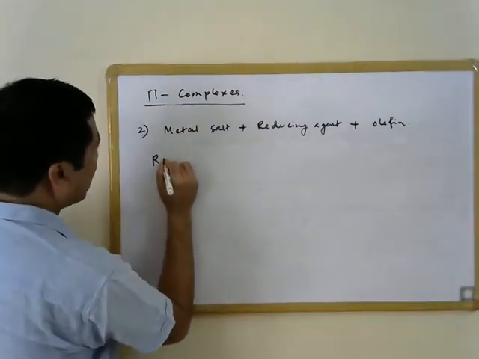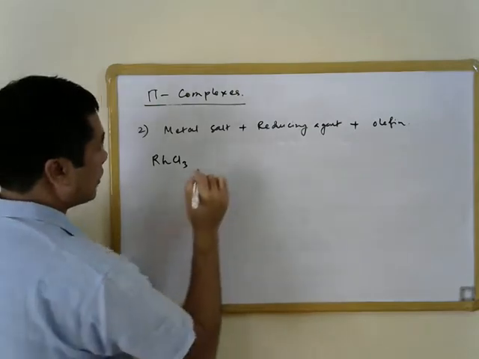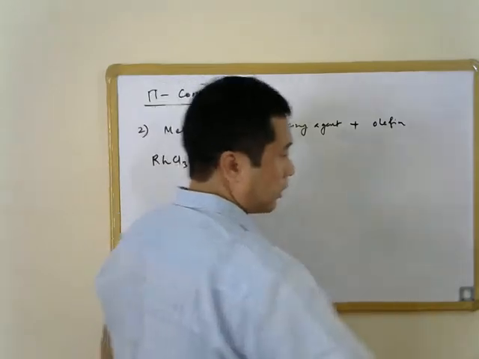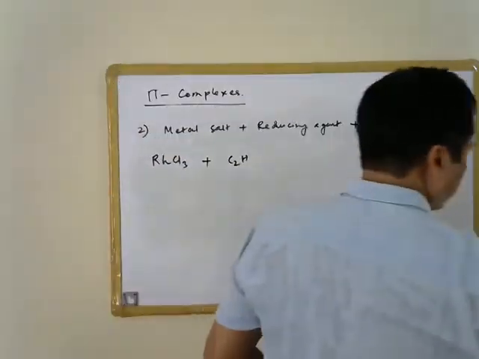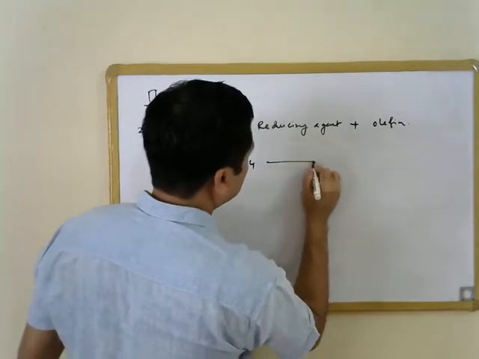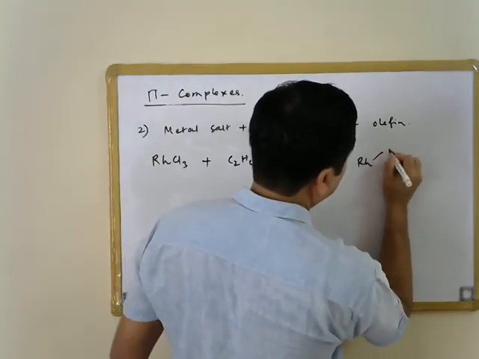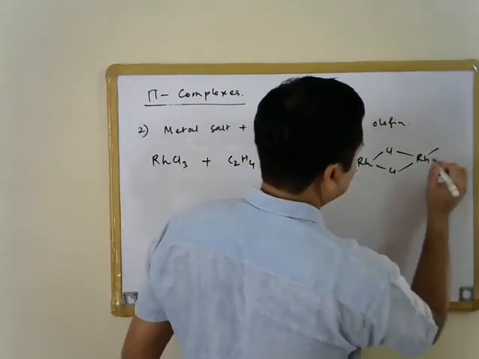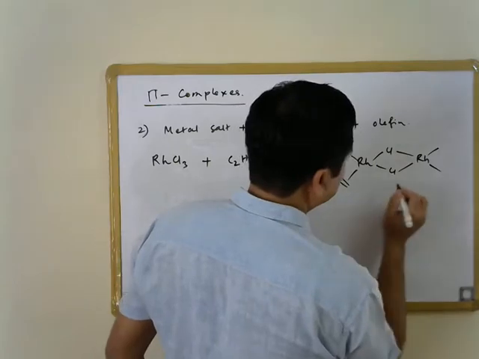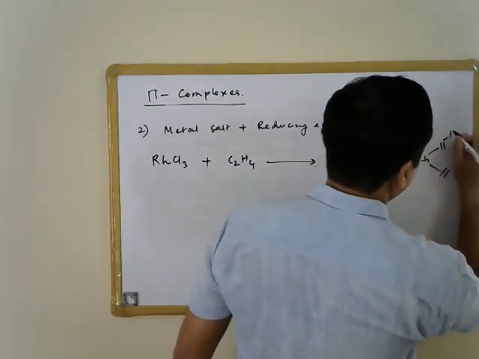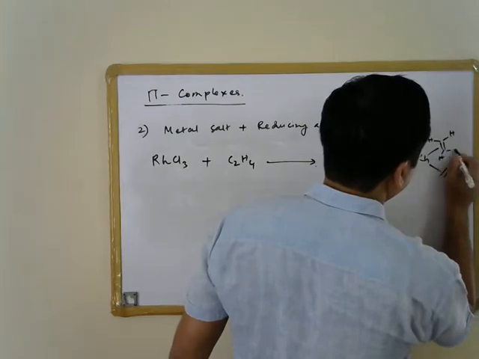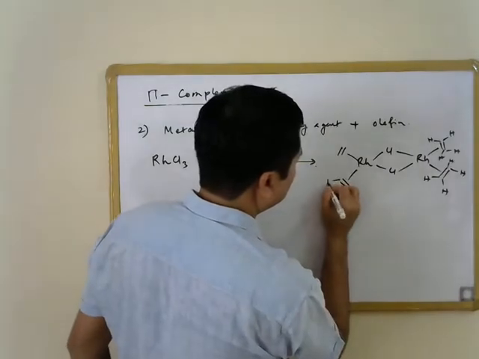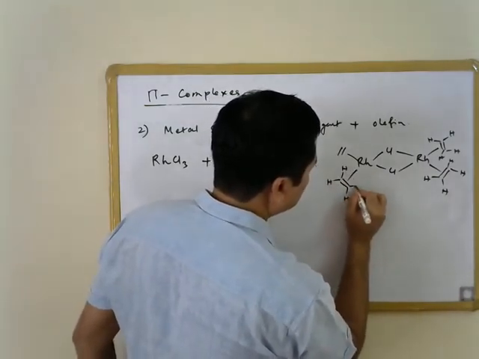So if you take RhCl3 where rhodium is in plus 3 oxidation state and you react this with ethylene, so rhodium is going to get reduced now into rhodium plus 1 oxidation state, and it will as well bind with the olefin or ethylene here to give us this sort of a metal olefin complex.